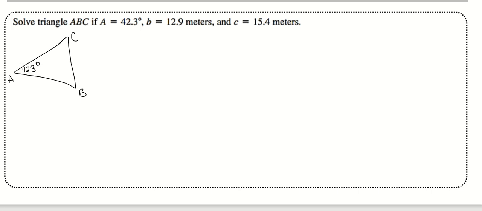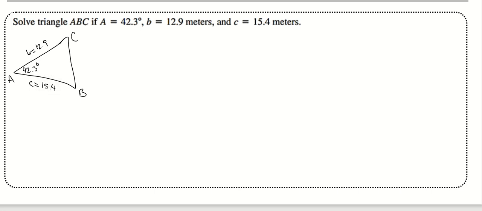Let me try this one more time. 42.3 degrees. Little b, which is across from angle B, happens to be 12.9. And little c happens to be 15.4.